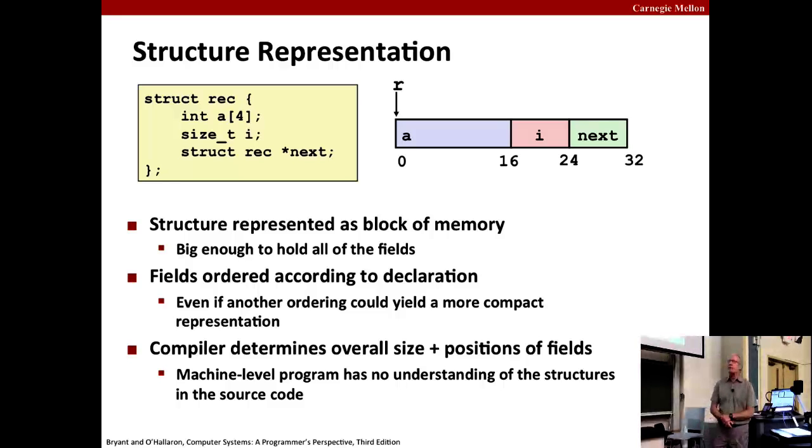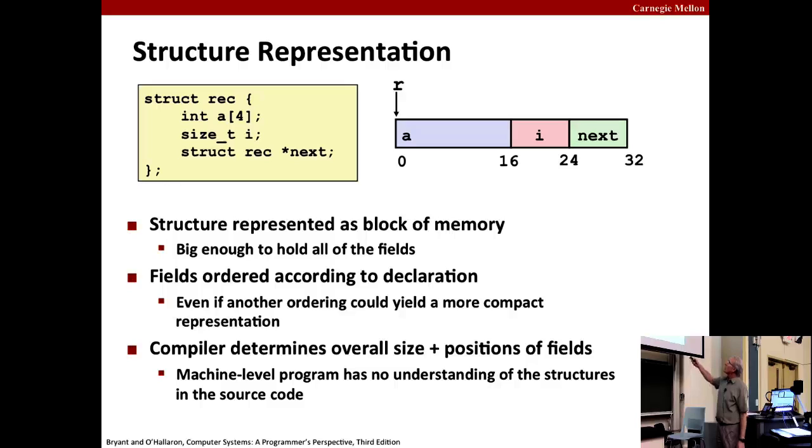So the idea of a struct is actually quite simple. Well, the base idea is simple and it gets more complicated. I declare a struct to have some number of fields, each of which can be an int, or, in this case, a pointer, or it could be an array itself.